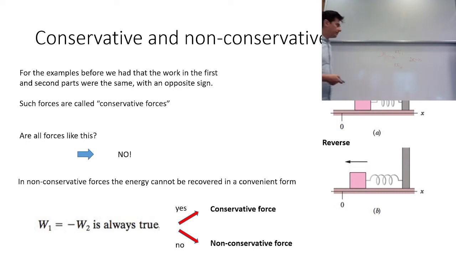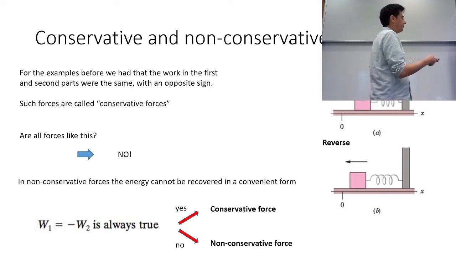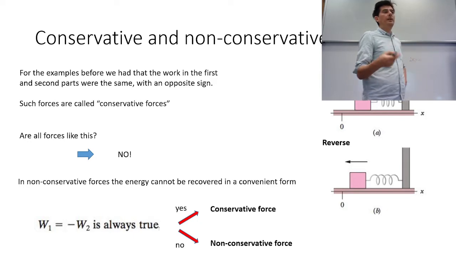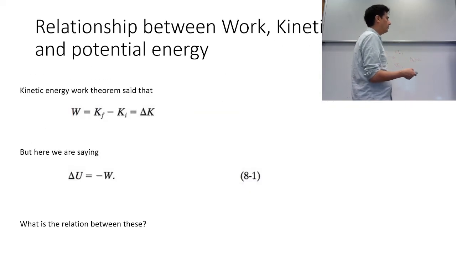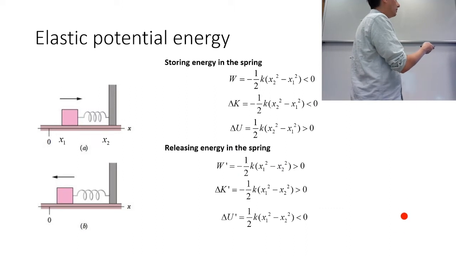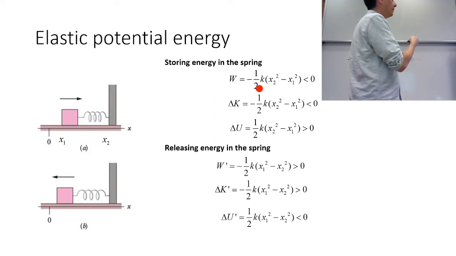And what we were saying here is that the work done by the spring is going to be negative here, but it's going to be positive here. But if you look at the actual formulas, for example here, this is minus half k (x2 squared minus x1 squared).